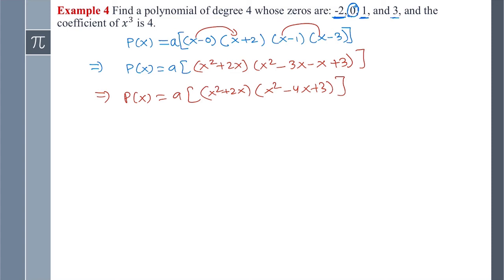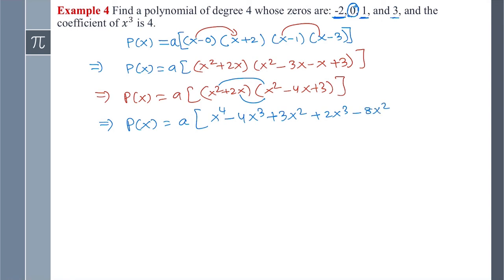Now let's do the multiplication again here. So p of x equals a times, x squared times x squared is x to the fourth. Then x squared times minus 4x is minus 4x cubed. x squared times 3 is plus 3x squared. Then we have plus 2x cubed when you multiply by 2x, minus 8x squared, and then plus 6x.